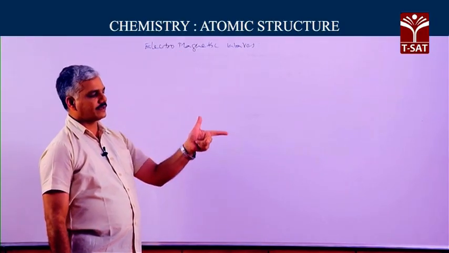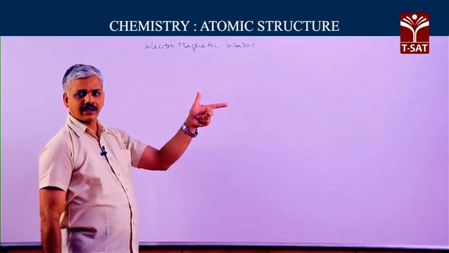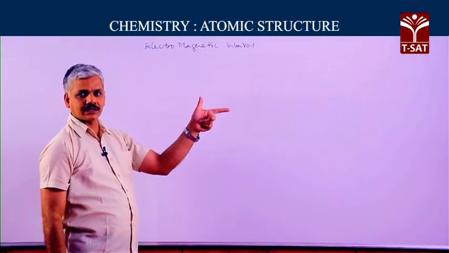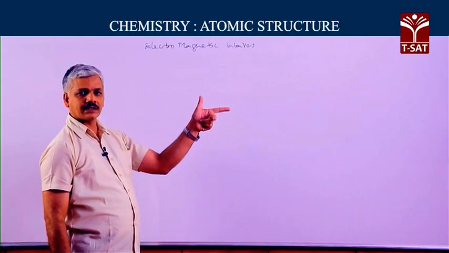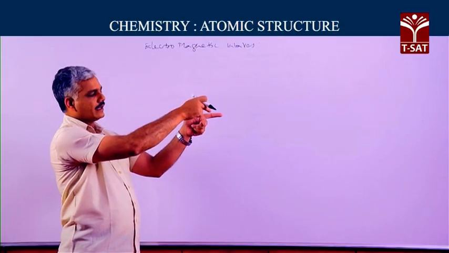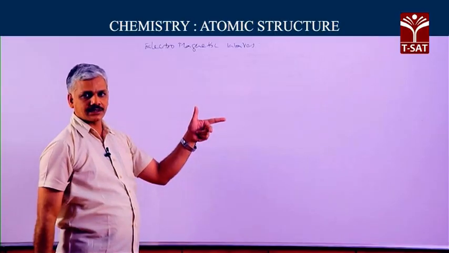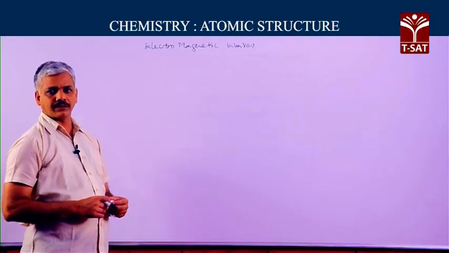So, as the wave moves in this direction, in its perpendicular direction magnetic field will be present, and again in the perpendicular direction, electrical field will be present. So, the combination of oscillating magnetic field and oscillating electrical field acting perpendicular to each other and perpendicular to the direction of movement is called an electromagnetic wave.